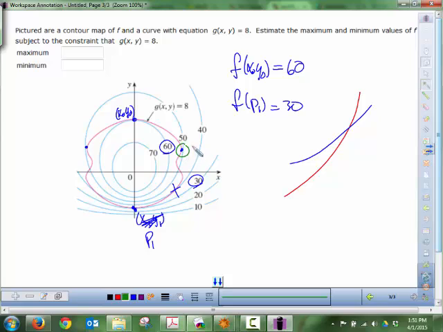And for this one, let's call this P2. F of P2 is going to be, okay, so now it's not exactly touching 50. So I want to go either 51 or 49. What do you think it'll be? It'll be 51. So this is 50. Now this is on the side where the level curve increases up to 60.